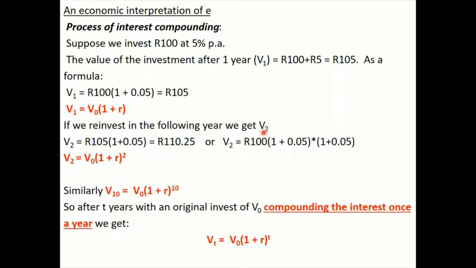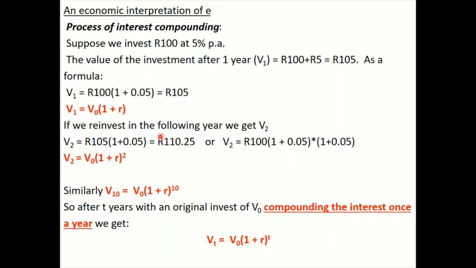If we then decide to reinvest in the following year, we want to work out the value of our investment at the end of year 2. That would be the investment at the beginning of the year, which would now be 105, multiplied by 1 plus the interest rate, which is 5%, and we would get a value of 110 Rand and 25 cents at the end of year 2.